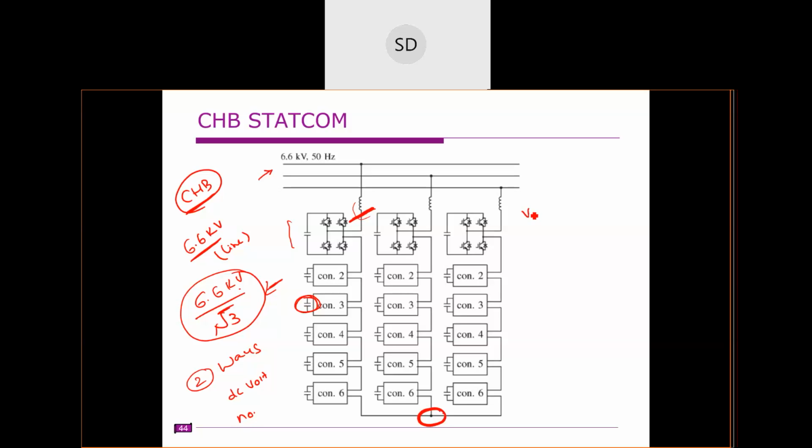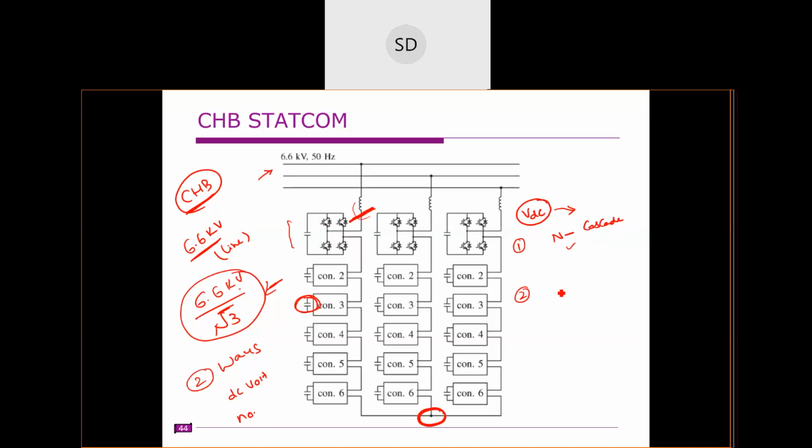So we'll select the VDC first, each bridge's DC side voltage, and based on that we will select N, the cascade number, that is how many units we are supposed to cascade. This is one way.